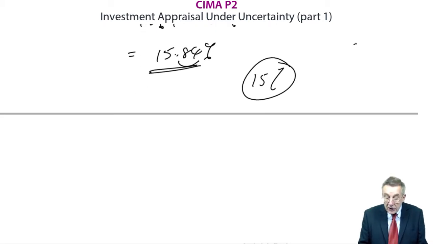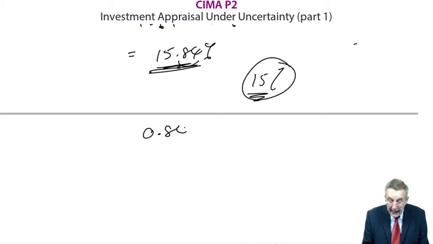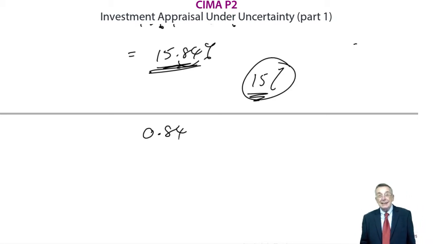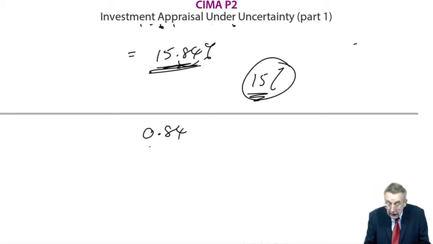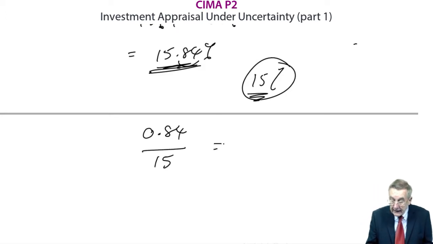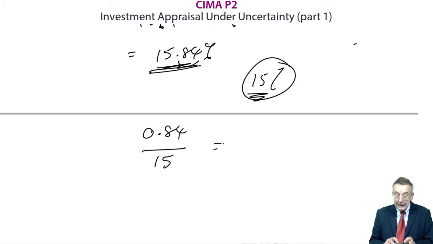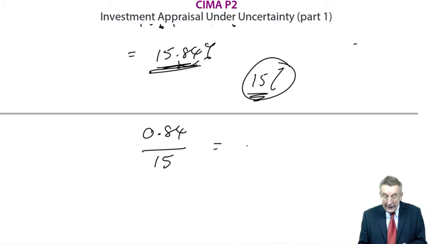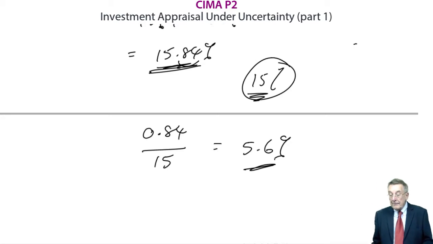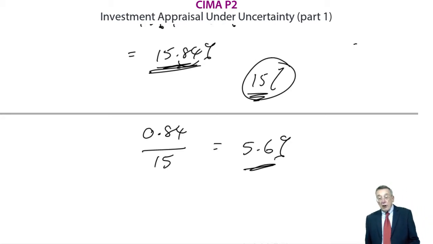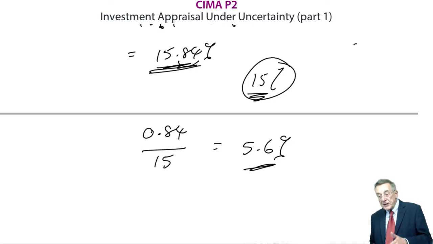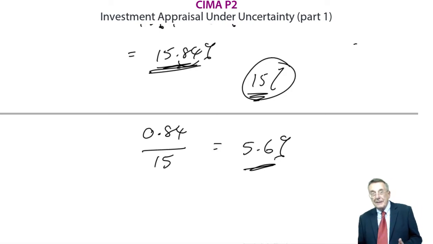So we can afford a change from 15, we can afford a change of 0.84 percentages on our estimate of 15. So we can afford our estimate to be wrong by 0.84 over 15, comes to 5.6%. Our estimate can be wrong by up to 5.6% of 15.